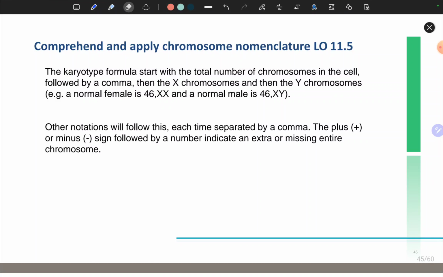Other notations or terms that are used follow this, each time separated by a comma. The plus or minus signs followed by a number indicate an extra or missing entire chromosome. So from this example, you might understand it.